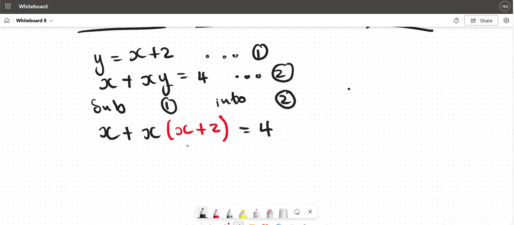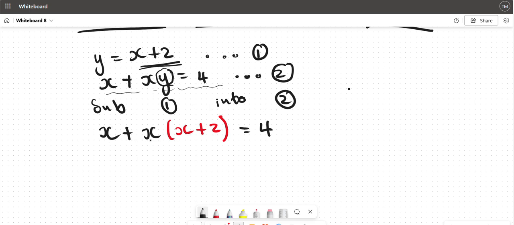So that's how it looks. All I did was take this equation here, and wherever I saw y, I replaced it with this expression of y that came from equation 1.